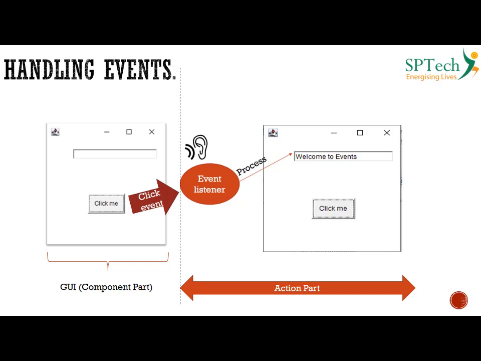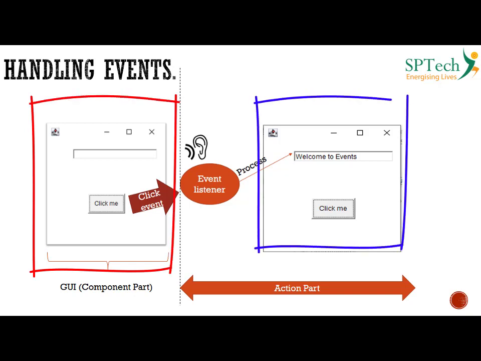Now how do we handle the events? It's a very interesting process. You can see that there are two things which you have to understand. One is the GUI component part, which I have shown on the left side, and the action part, which I have shown on the right side. You already know how to design this GUI component part, using either AWT or Swing.